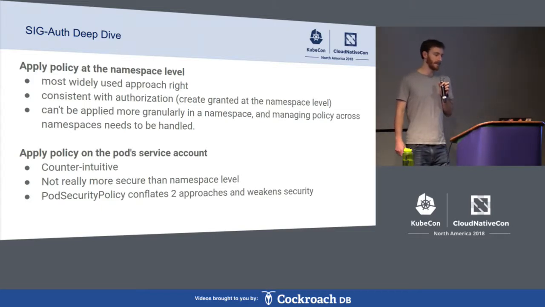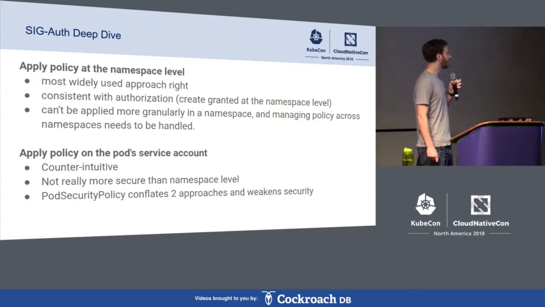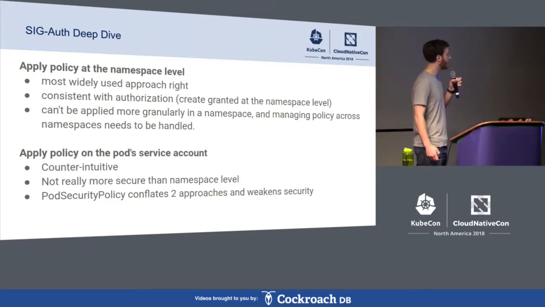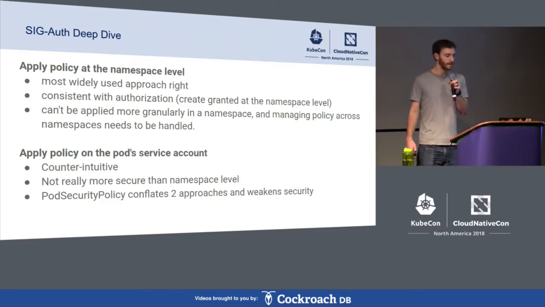The second one is basically the pod security policy approach, which we already talked about. It's counterintuitive. It's not really any more secure than just applying it at the namespace level because unless you have a second policy mechanism to limit service accounts, then you're just still checking permission at the namespace level.